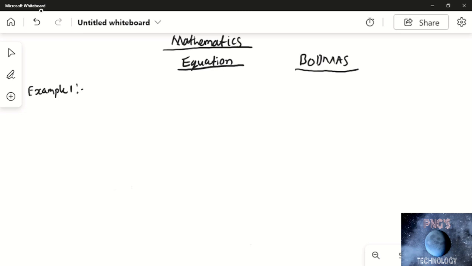The first one they gave us is to say whether it's true or false. So we're going to solve it and tell if it's true or if it's false.